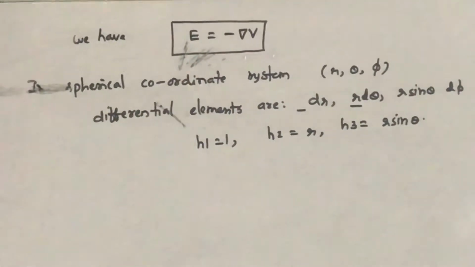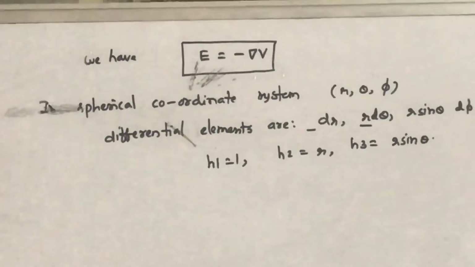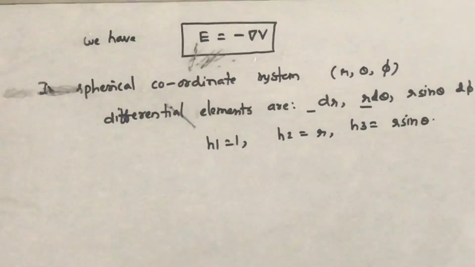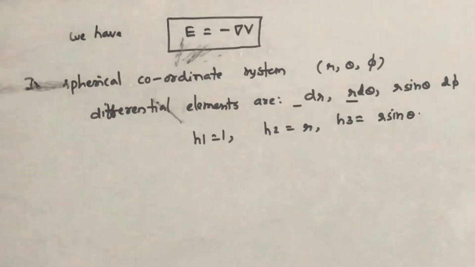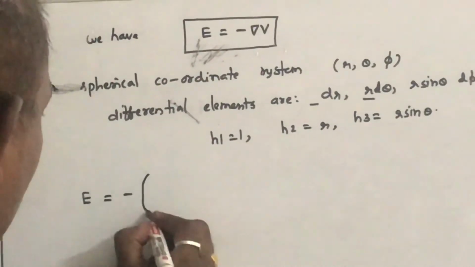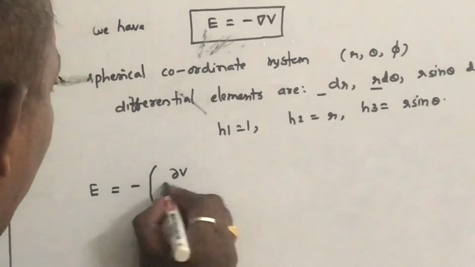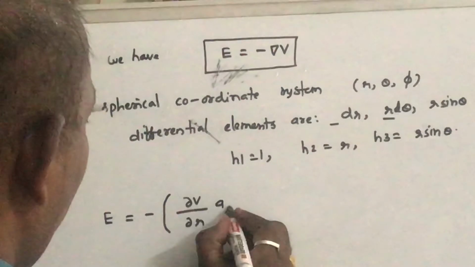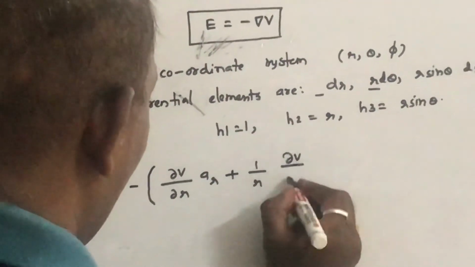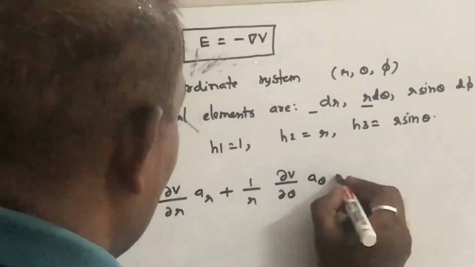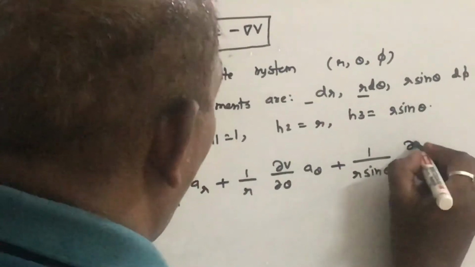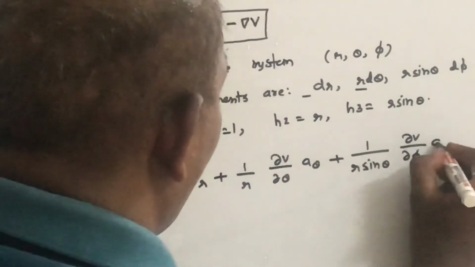We use this to write the formula in the spherical coordinate system, which is written as E is equal to minus 1 by h1, that is dou V by dou r into a_r, plus 1 by h2, that is 1 by r dou V by dou theta a_theta, plus 1 by h3, 1 by r sin theta, dou V by dou phi a_phi.